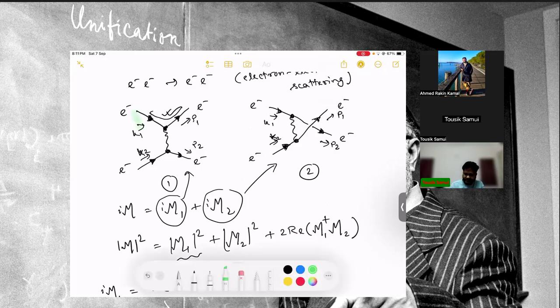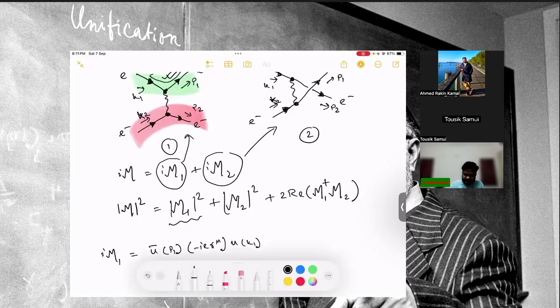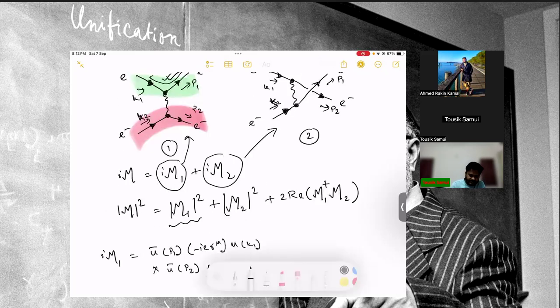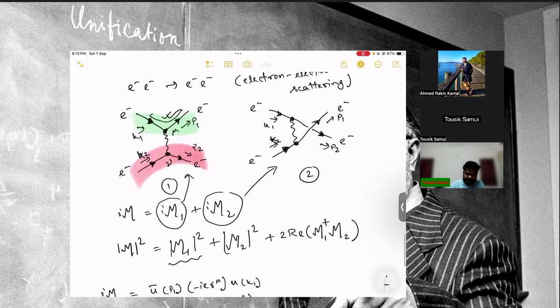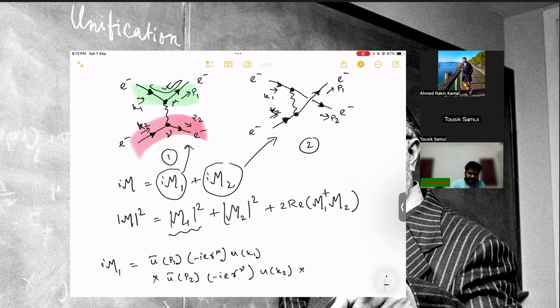For the other part, let us do the same thing: it will be u bar of p2, then minus i e gamma nu, and then u of k2.